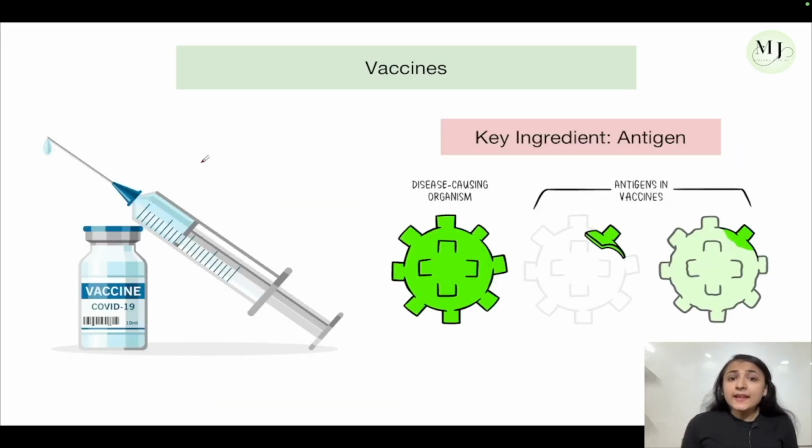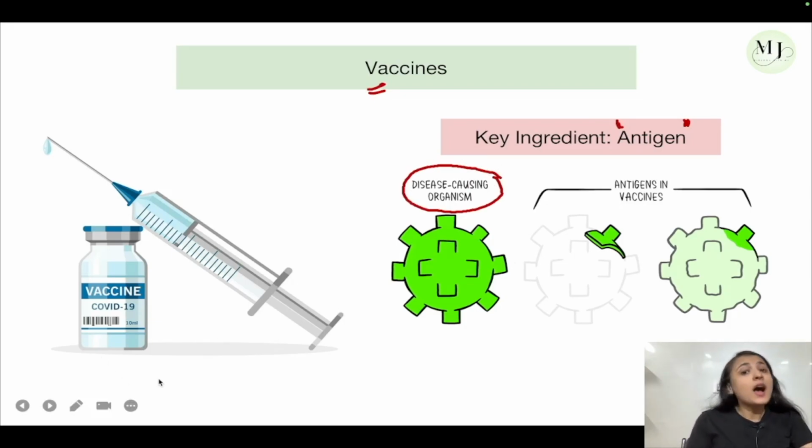Next comes the vaccines. Now we all have heard about vaccines and we all have been vaccinated also. What is the key ingredient in the vaccine? The key ingredient in the vaccine is an antigen. Antigen from a disease-causing organism. Vaccines introduce harmless agents to train your immune army.